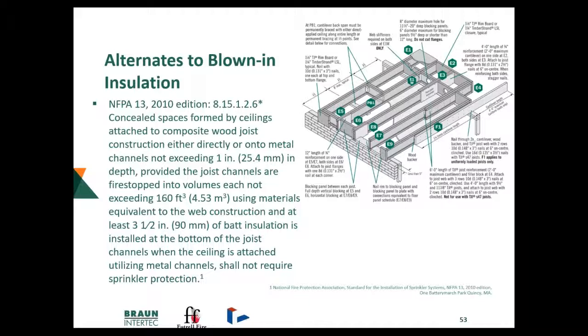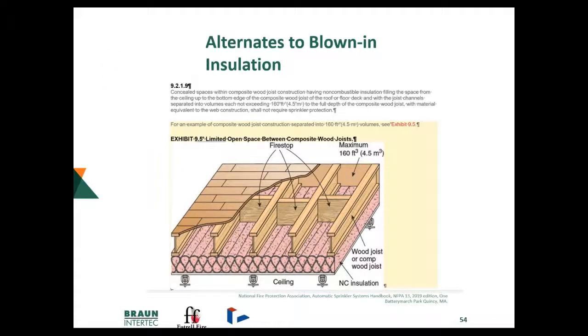But what you see here is an option for compartmentizing the truss space, TGI space, into small 160 cubic foot areas maximum, but the detail needs to be followed explicitly. One of the problems that we have with this is now you still have combustible concealed spaces, and if a fire can get into those spaces, then we do have fire extension concerns.